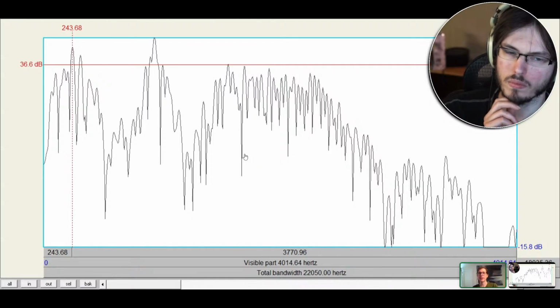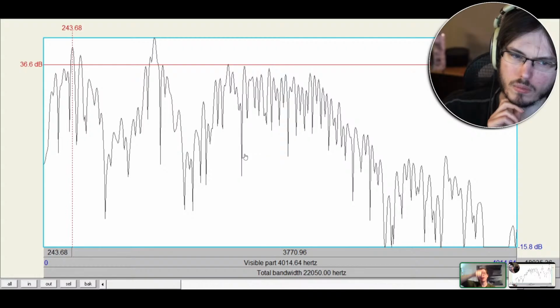In one sense, what we're seeing is if you throw a whole bunch of tuning forks at a waveform and see how well they match up, the result is the spectrum, which shows you bigger peaks when the tuning fork was a better match.